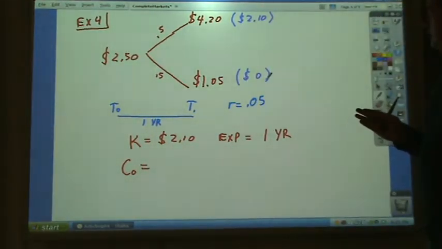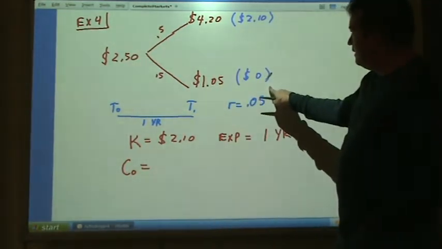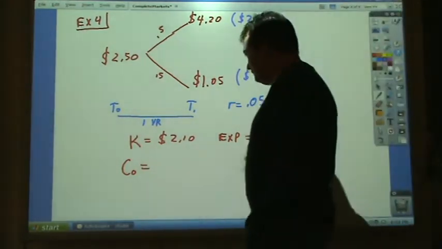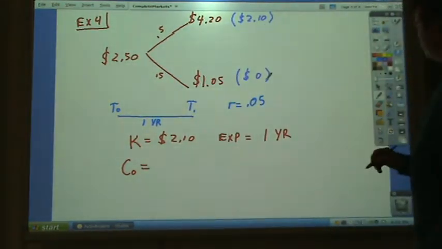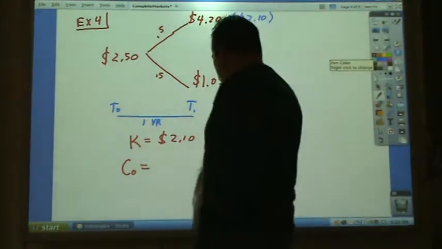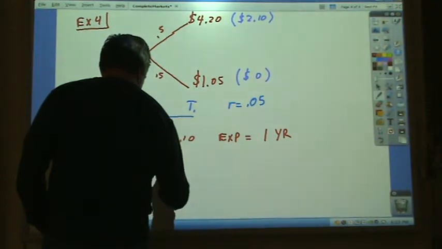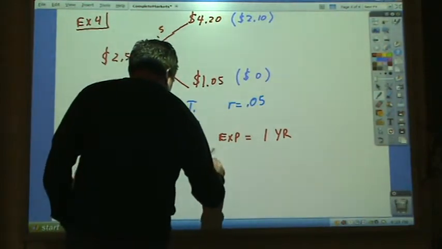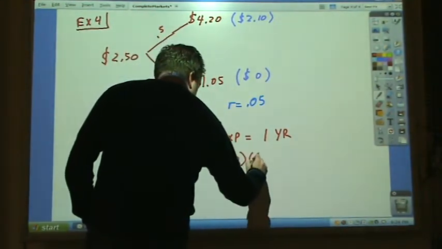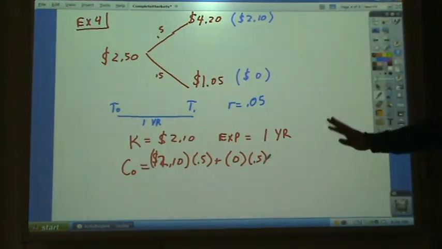So there's a 50% chance you're going to get $2.10 and a 50% chance you're going to get 0. So how much are you expected to get a year from now? You're expected to get $2.10 times 50% plus 0 times 50%. That's what you're expected to get a year from now. Doesn't mean you're definitely going to get that, but that's what you're expected to get. But then you want to subtract off interest.